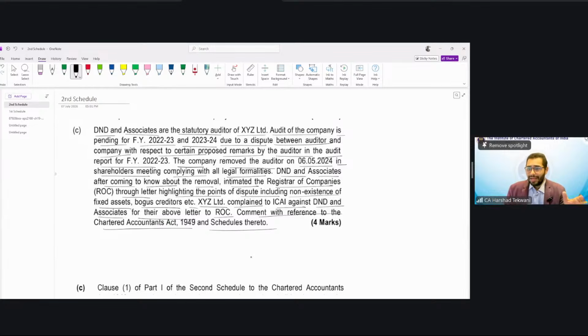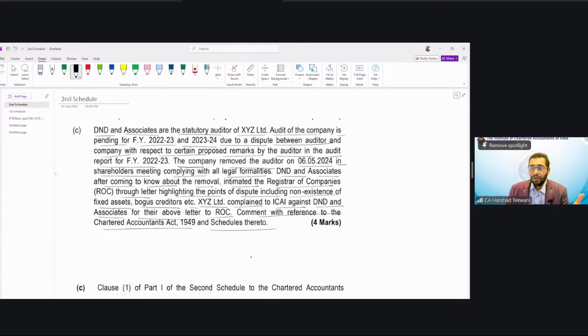Here, there was a dispute on certain matters between the auditor and the company. As a result, the audit was not being completed on time, and later on the company removed the auditor. When the auditor came to know about this, they filed a letter with the ROC specifying all the details, and based on that, the company has now filed a complaint before the ICAI against DND for their letter to the ROC.